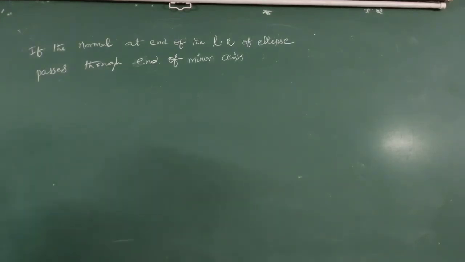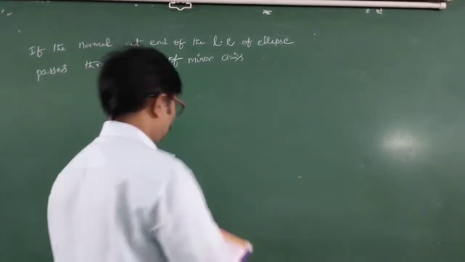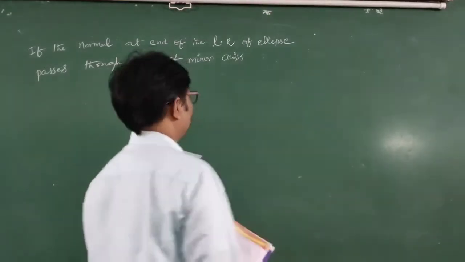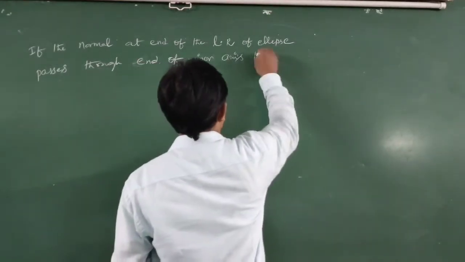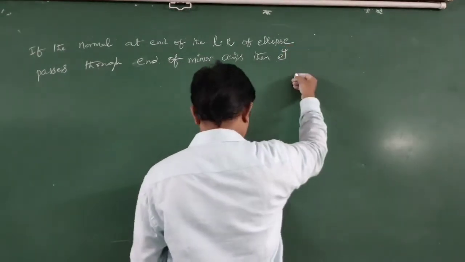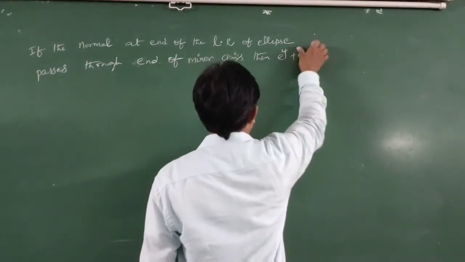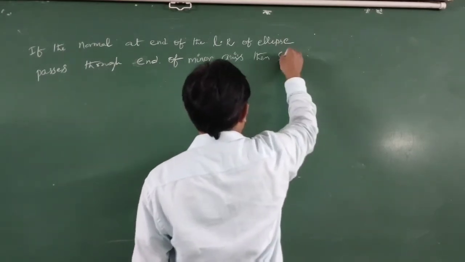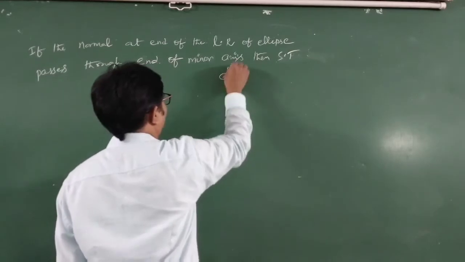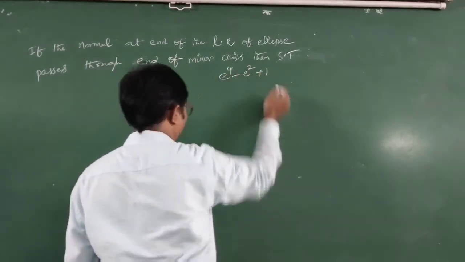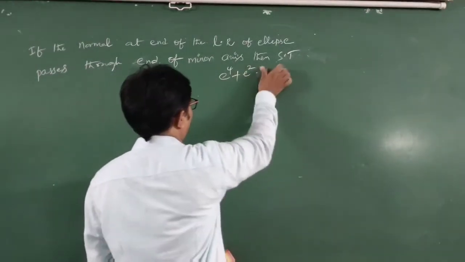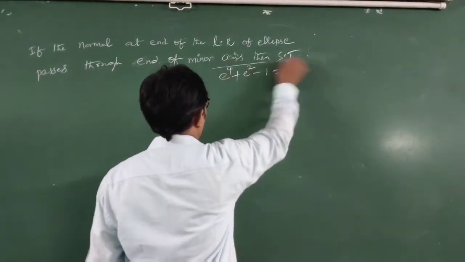so that the eccentricity of the ellipse, denoted by e, satisfies e power 4 plus e square minus 1 equal to 0.